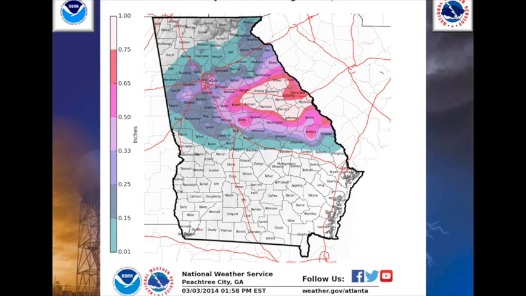Then we did some tweaks and produced a really nice preliminary ice total grid. And again, this is a grid that you can create in GFE.